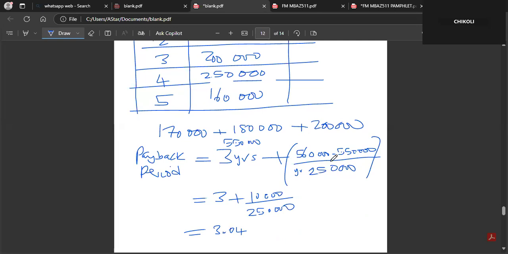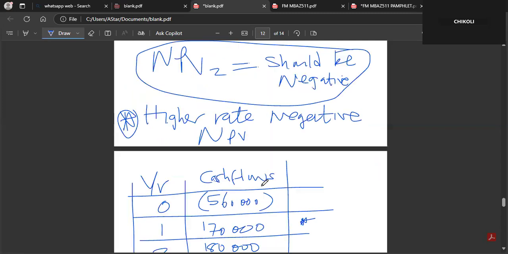There is a 10,000 here, which will be recovered from the 250,000. So it is 3.04 years. This is how we find the payback period. Is that okay? Yes, fine.